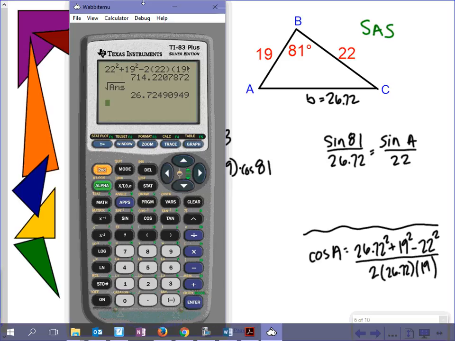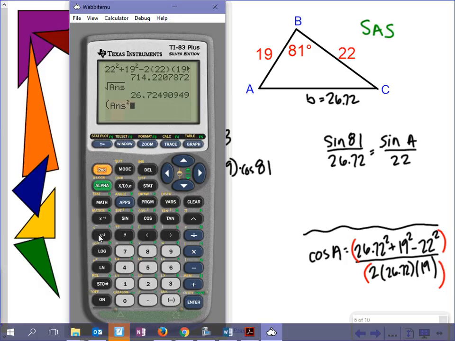I'm going to do some work for the law of cosines one. In my calculator, I don't have math print, so if I'm going to do all this formula in my calculator all at once, I'm going to need a group of parentheses around my numerator and a group of parentheses around my denominator. So I'm going to use the answer button.